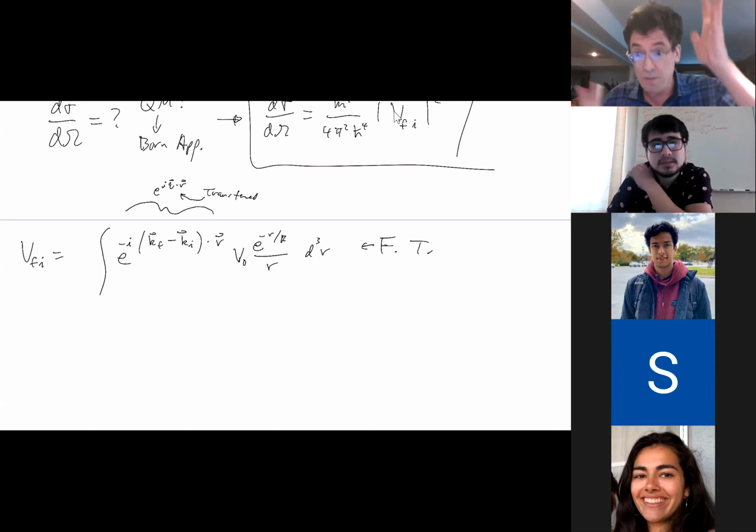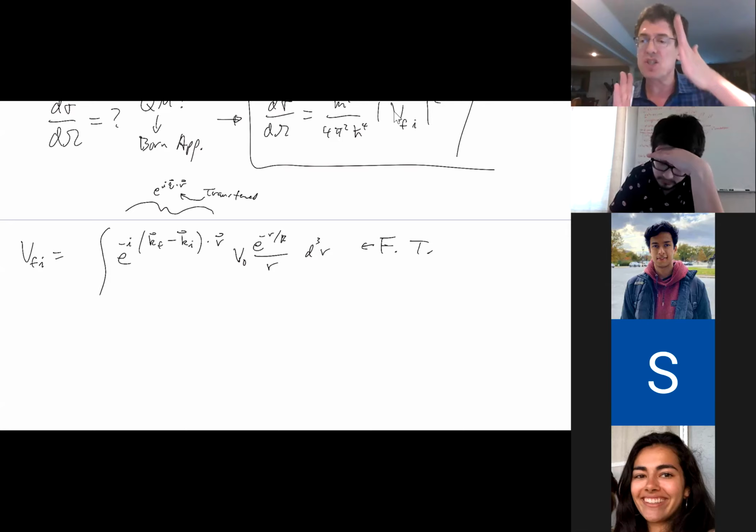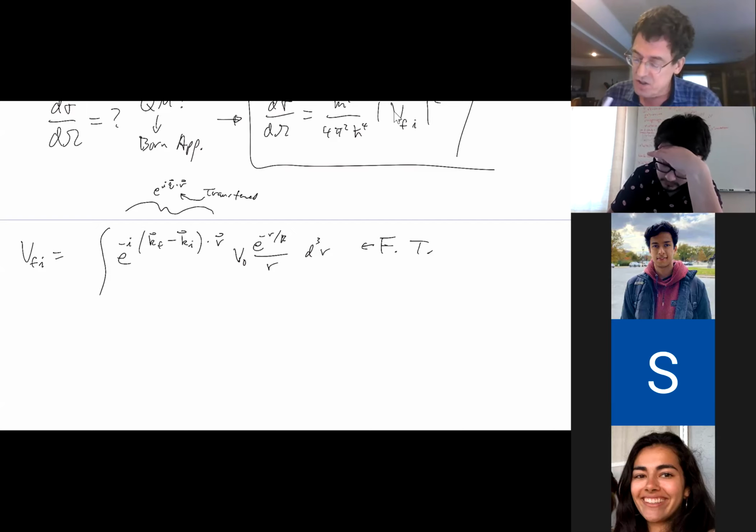We're basically asking how much of that wave, of that transferred momentum, is living inside of the potential. That's what the Fourier transform tells you. I just want you to realize that that's what we're doing. But now it's a math problem, okay? How do we do this Fourier transform? And actually it's a pretty hard problem.